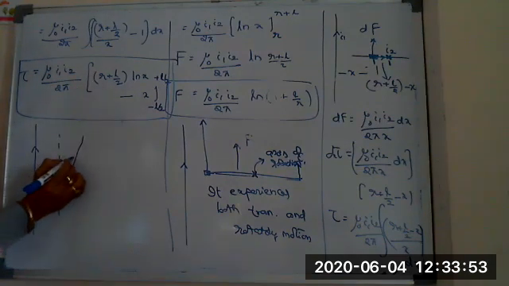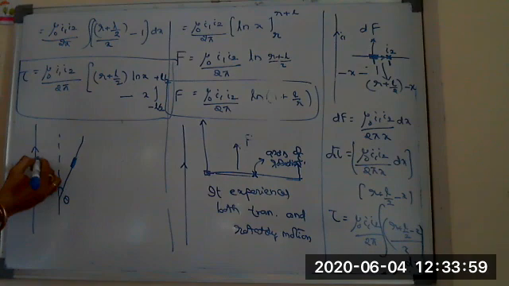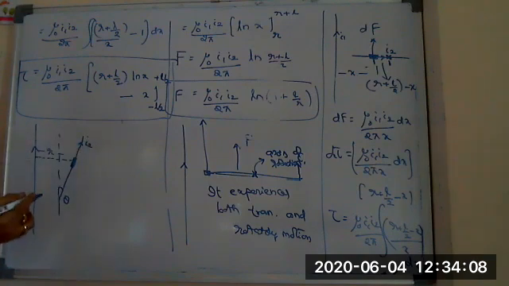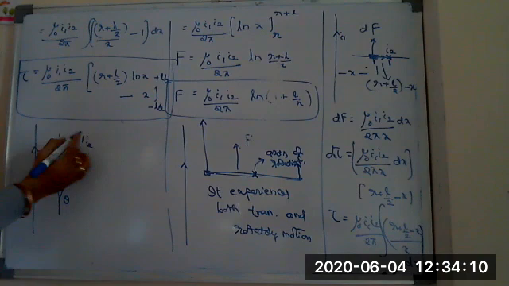You can find the force on one small element. That's why even in previous Mains he asked about one small element at a perpendicular distance from the conductor, say some r. Suppose it is carrying current in this direction.